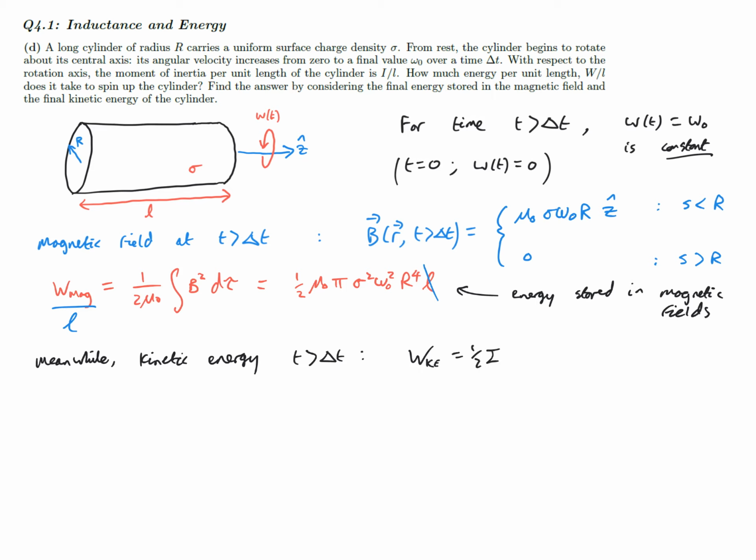It's a half I omega squared, which in this case is omega naught squared if t is greater than delta t. And so the kinetic energy per unit length is just a half omega naught squared I upon L. I here, don't forget, is the moment of inertia of the cylinder, not the current. So the total energy of the cylinder when it's spun up is just the sum of these two terms.